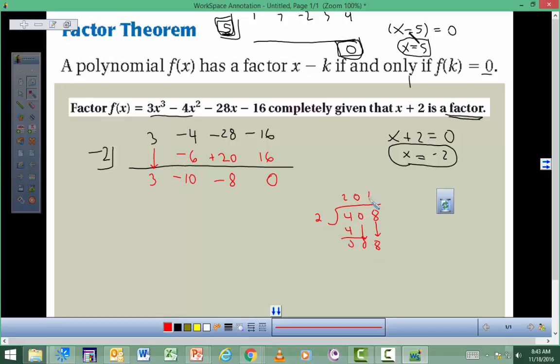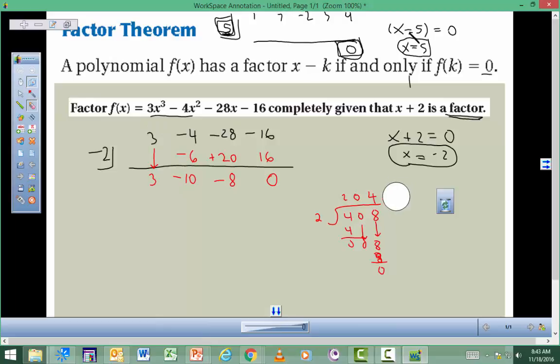And 2 goes into 8 4 times, and it goes in evenly. You get 8 here. And you get 0 here, right? And then we say remainder 0, right? Well, in this case, we don't have a remainder, right? And so we don't put the remainder there. It went in evenly. Well, that's exactly what happened here. This binomial went in here evenly. And what it means is that this is a factor.